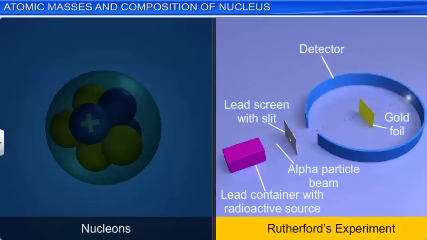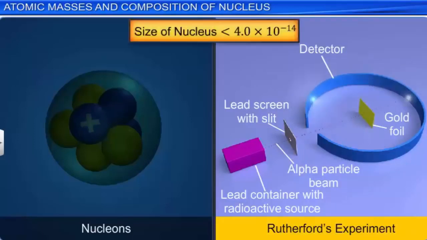As the positive charge of the atom is confined to the nucleus, the size of the nucleus had to be less than 4.0 × 10⁻¹⁴ meter. Rutherford's calculations were based purely on the repulsive forces existing between the positively charged alpha particles and the gold nuclei.